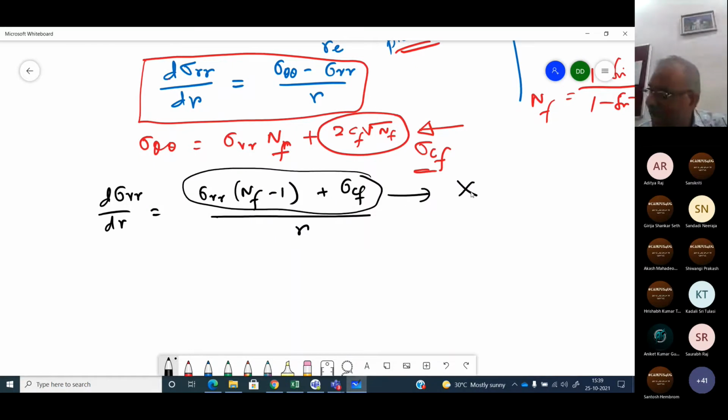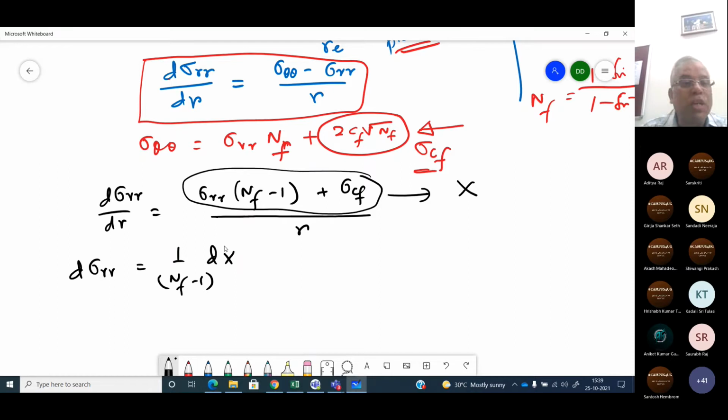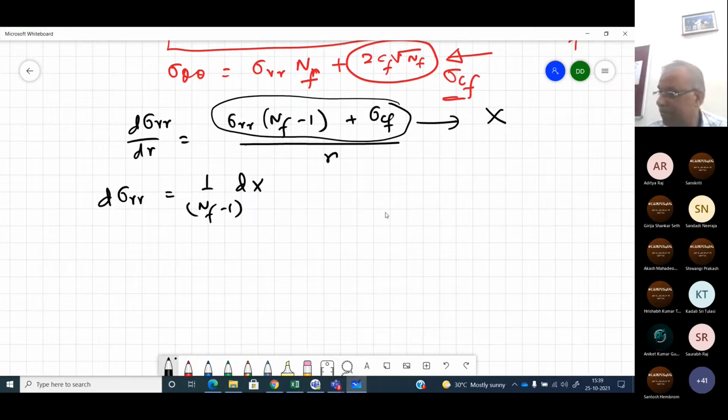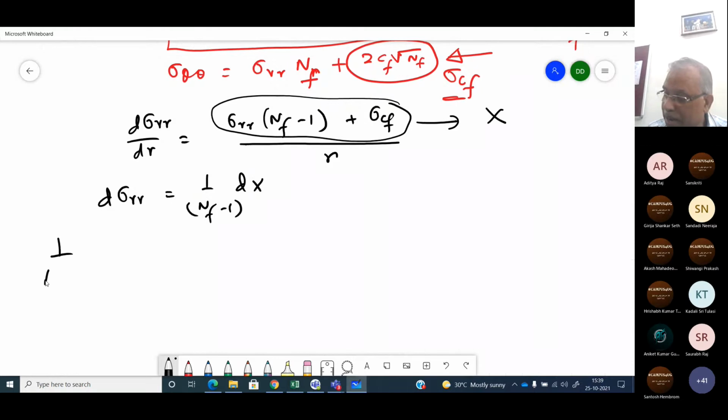If I replace this term by x, then I can say d sigma rr is equals to 1 by NF minus 1 dx, right? So now I'm going to replace it. 1 by NF minus 1 dx by x is equals to dr by r.